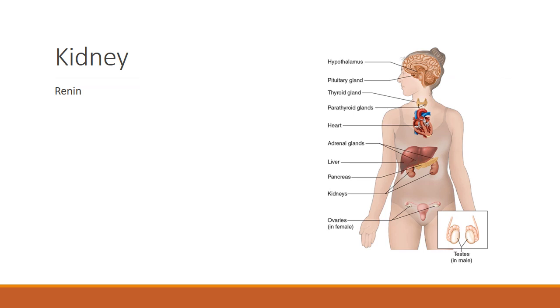Renin helps to regulate kidney function. It also helps to regulate permeability and the amount of solutes. One of the things renin does with the kidneys is help in regulating blood pressure as well, and that's again going to be a function of noting the amount of fluid balance in the body.